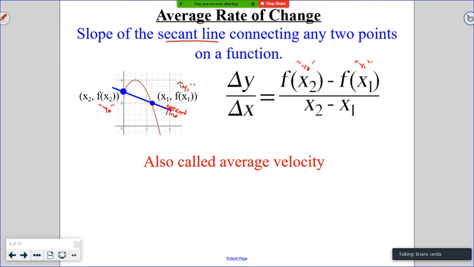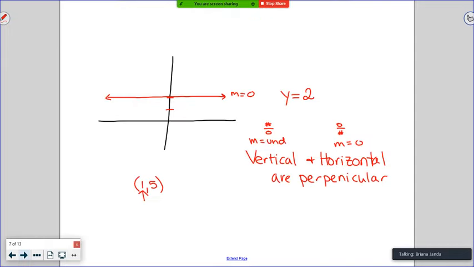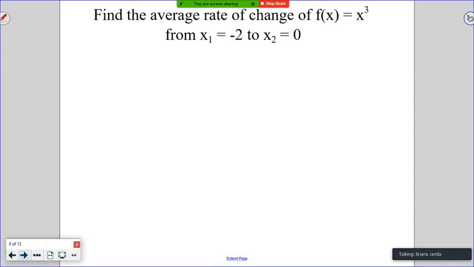Okay, so let's look at how this can look a little different, but still be the same thing. Find the average rate of change, which again is a fancy phrase for find the slope. And they give us a function, f of x equals x cubed. Here's what's going to be different, is they're going to give us an interval to look at, from x sub 1 equals negative 2 to x sub 2 equals 0.